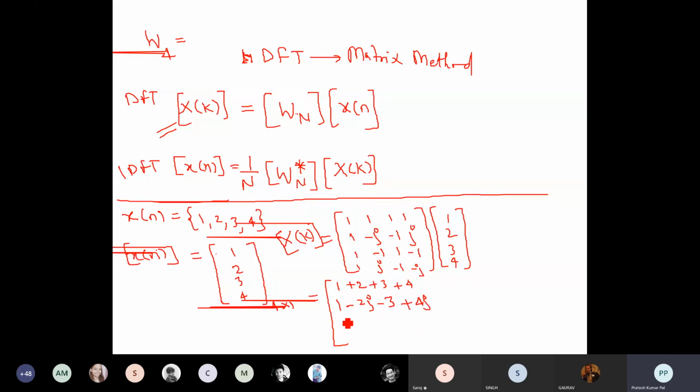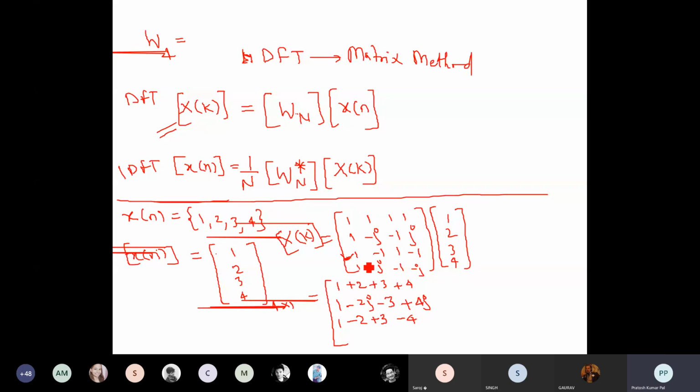The next term will be this 1 multiplied by 1. Okay. So this 1 will be multiplied by 1, and then minus 1 will be multiplied by 2, then plus 3 minus 4.